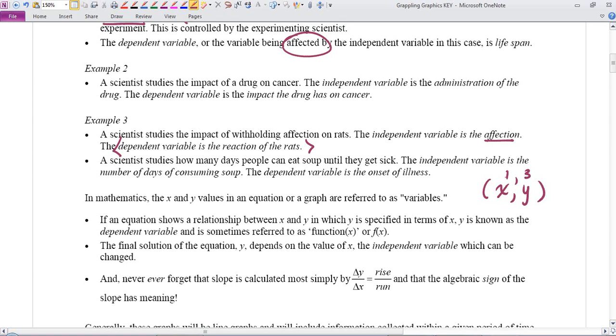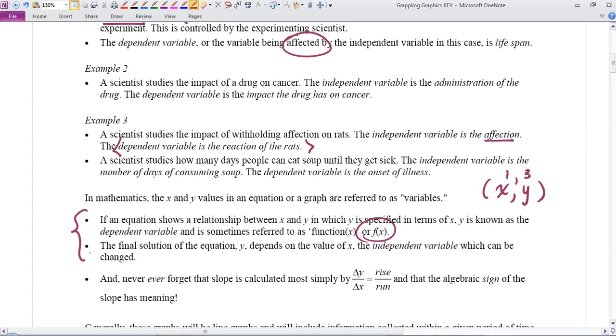And so sometimes it's referred to as the function of f of x, or you may have seen this shorthand, the f of x. The final solution of the equation, y, depends on the value of x, which is the independent variable, which can be changed. So for those of you that prefer mathematics, those two definition bullet points may be more helpful to you.